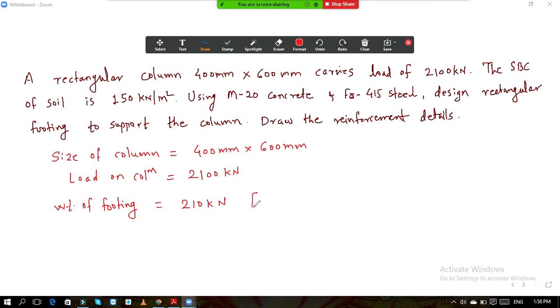Here you can write, assume 10% of column load. Okay. So after this we can calculate the total load. Total load is equal to, what is the total load now? 2100 plus 210. How much is it?